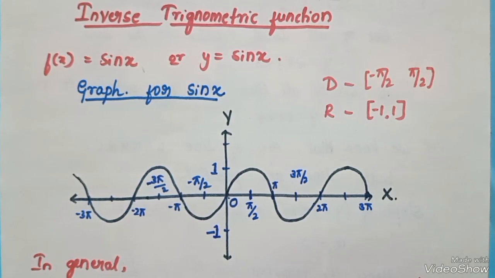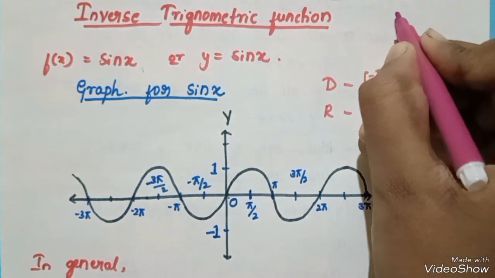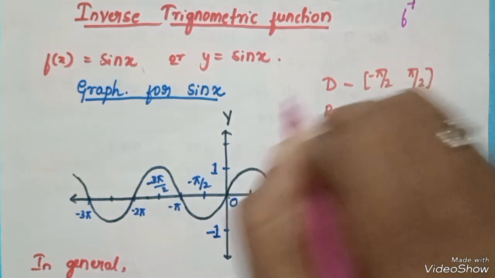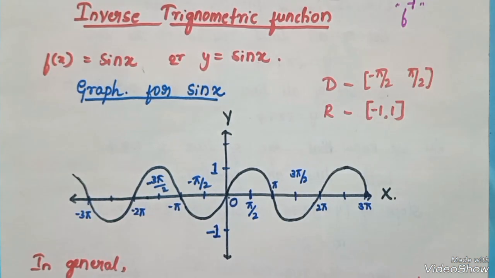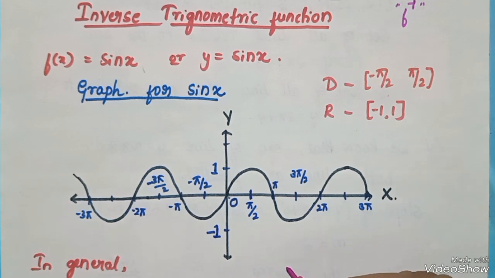Today in this session, we discuss the concept of inverse trigonometric functions. Before studying them, we discuss some points. We have studied the inverse of a function f, denoted by f inverse. The inverse f inverse exists if a function is one-one and onto.